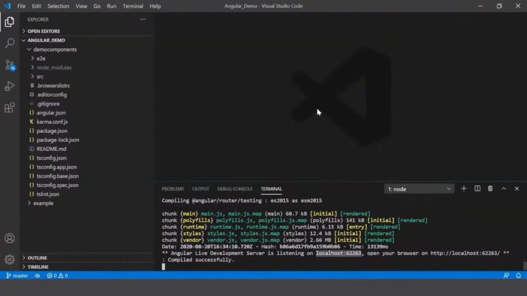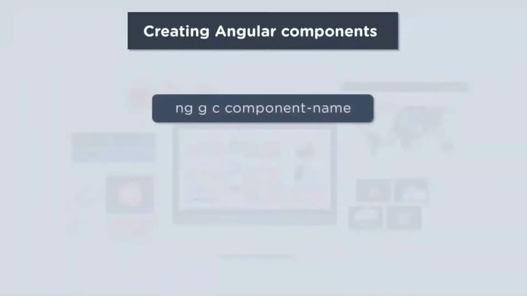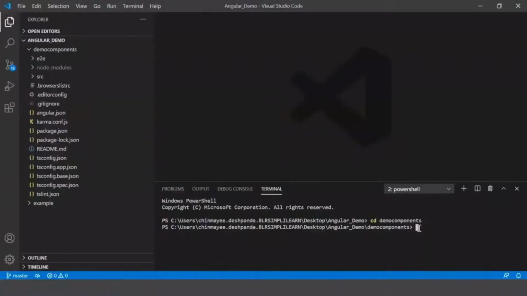So now let's go ahead and create our first component. Now the command used to create our component is ng-gc and your component name. Once executed, it creates 4 different files. Now let's just see how this works on our VS Code. Now what you can do is head to your terminal and type in the command ng-gc and provide a name for your component.